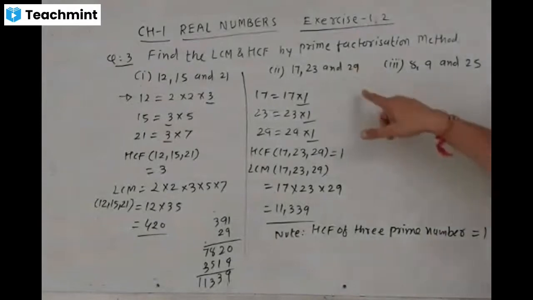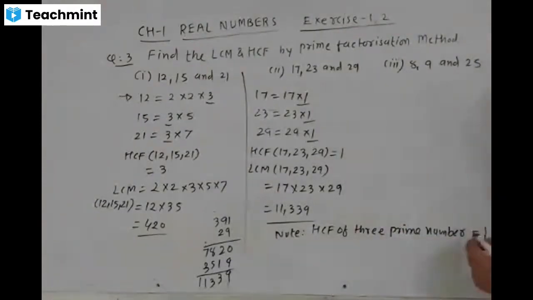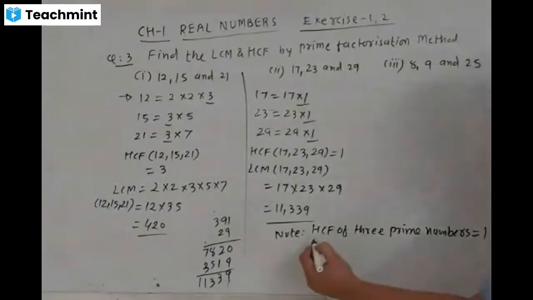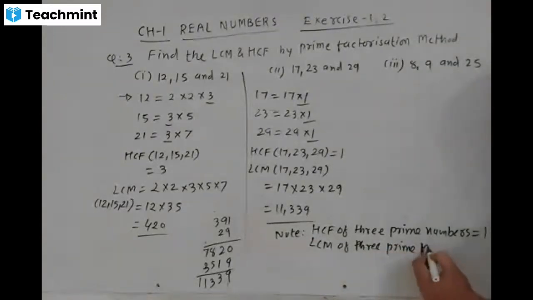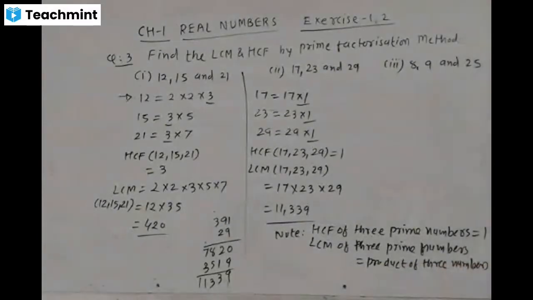Prime number है तीनों, 3 prime numbers, that is equal to 1. And LCM of 3 prime numbers, 3 या 2 भी ले सकते हो, is equal to the product of the numbers.